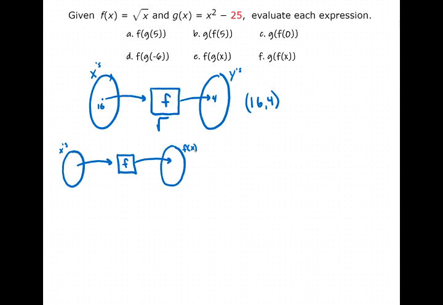Since we have two functions, and the f function has y values and the g function has y values, I don't want to just use y, I want to be more specific and call the y values for the f function f of x, and the y values for the g function g of x. Now if we apply a second step, the outputs of the f function, or the first function, will now be the inputs of the second function.